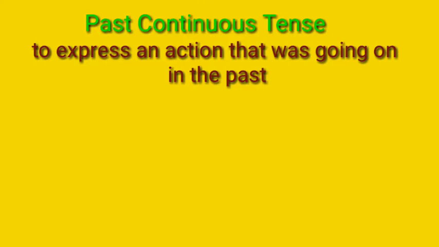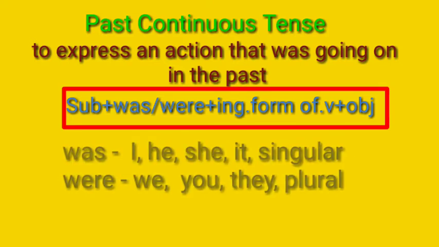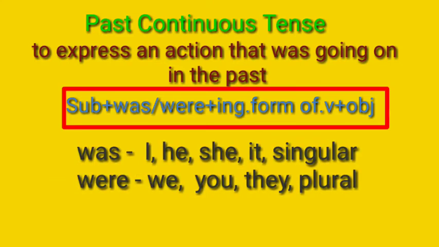Okay, the form of past continuous tense is subject plus was or were plus ing form of the verb plus object. Okay, we use was with he, she, it, singular noun and I. Okay.